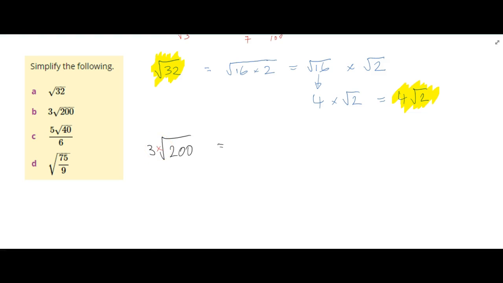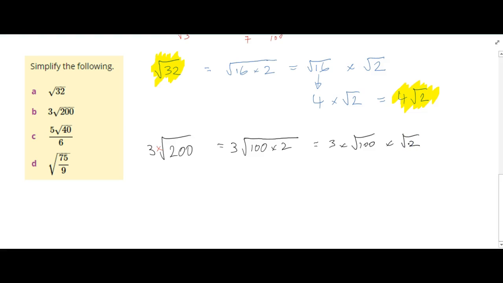What we're looking for: the square root of 200 does not simplify nicely, but we can split it up into factors. So we can write this as 3 times the square root of 100 times 2. That is equal to 3 times the square root of 100 times the square root of 2.